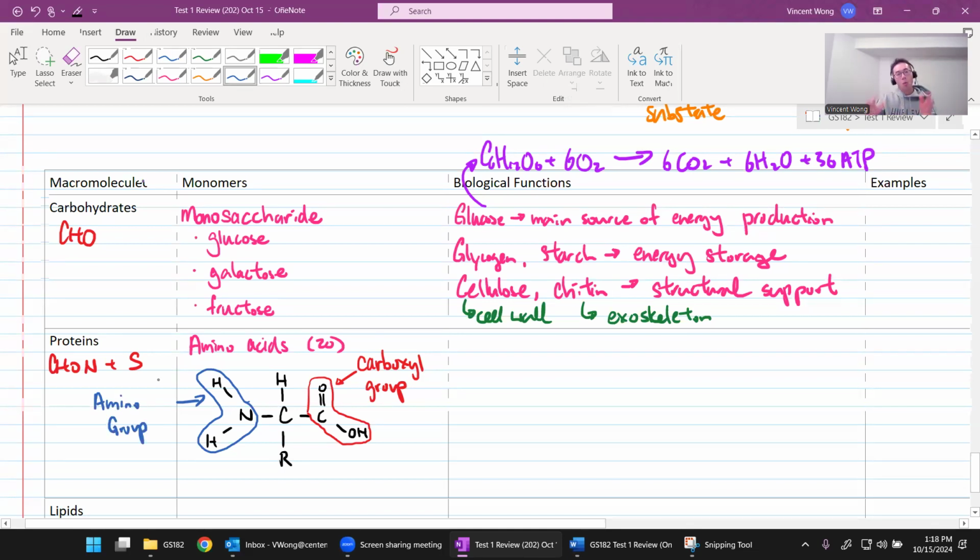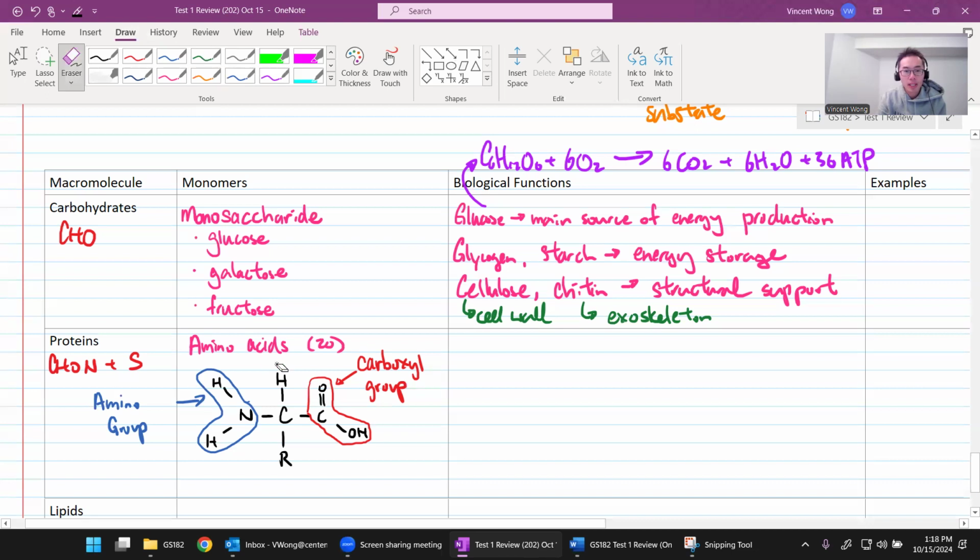Okay, so when you put two of these things close to each other, you can create a peptide bond, to connect them together. For the carboxyl group, you can take away the OH. And for the amino group, you can take away the H. That will allow you to take out the H2O, part of the dehydration synthesis, and you can create a peptide bond.